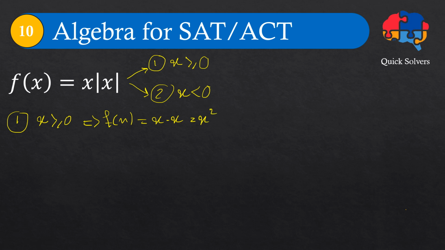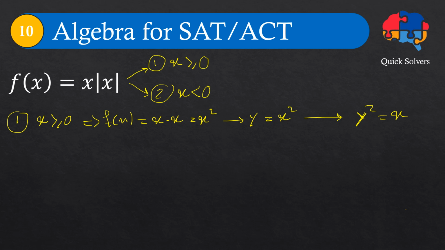Then we swap x and y. Before that, instead of f(x), I can write this as y equals x squared. Now I can swap x and y and write this as y squared is x, because I want to find the inverse of f(x).